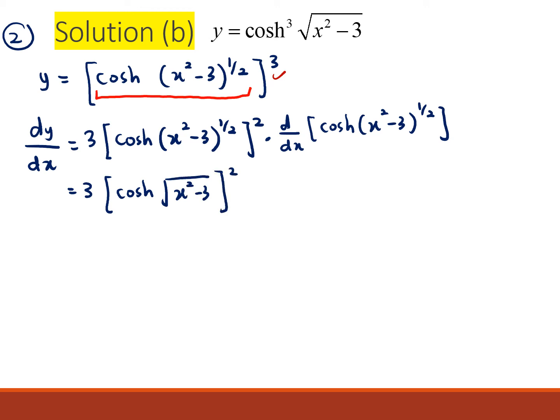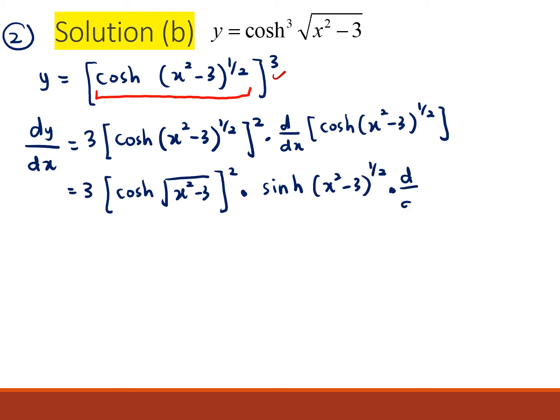So the differentiation of this is, the differentiation of cosh is sinh, and we will keep the inner function, which is x squared minus 3 to the power of half.